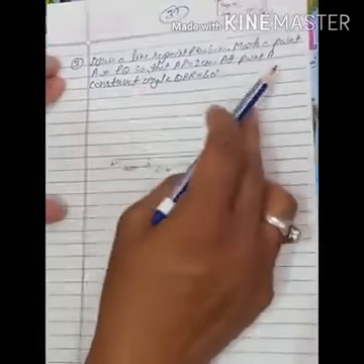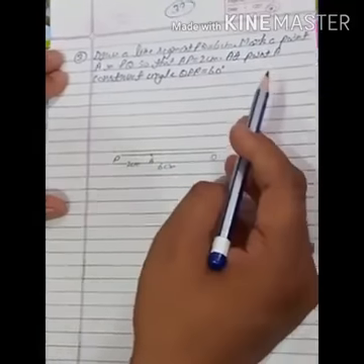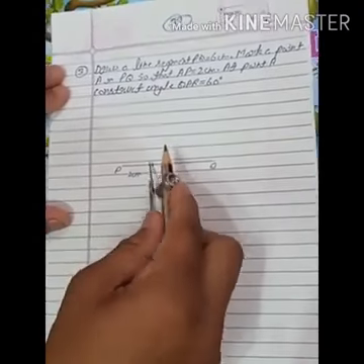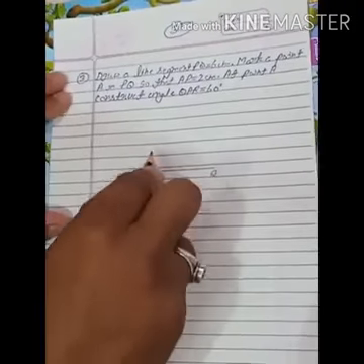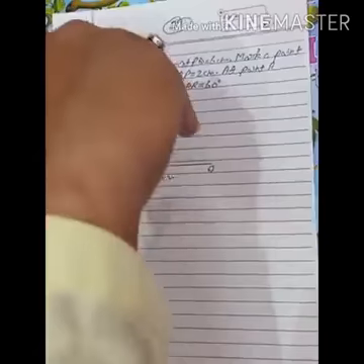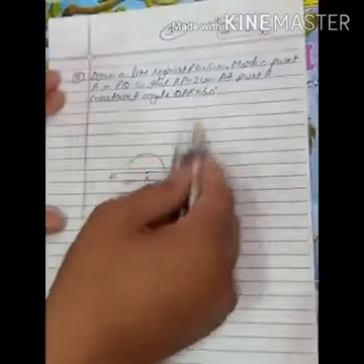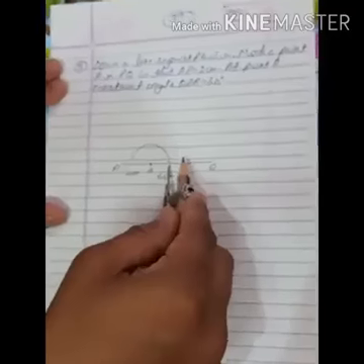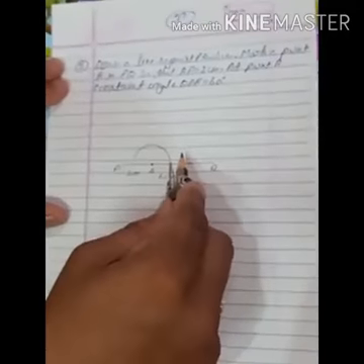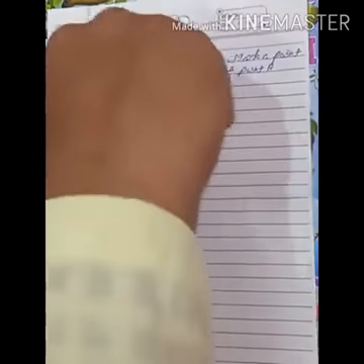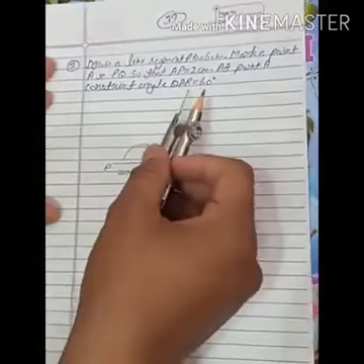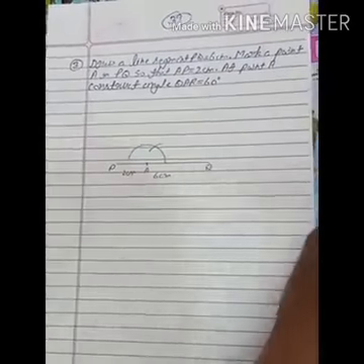At point A, construct an angle QAR of 60 degree. So here we have to construct the angle of 60 degree, QAR. QAR means this side. So from here we will cut an arc. This arc is of 60 degree. So we have to draw a 60 degree angle. Now join the line.